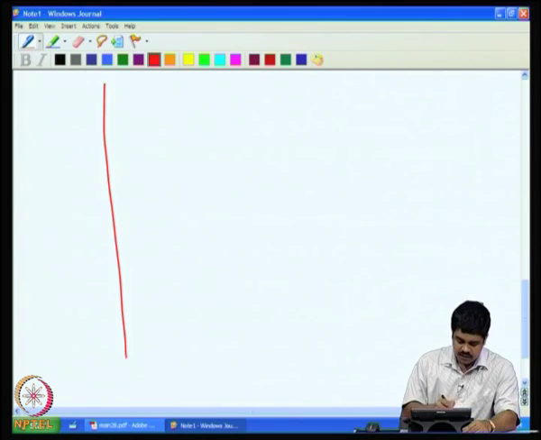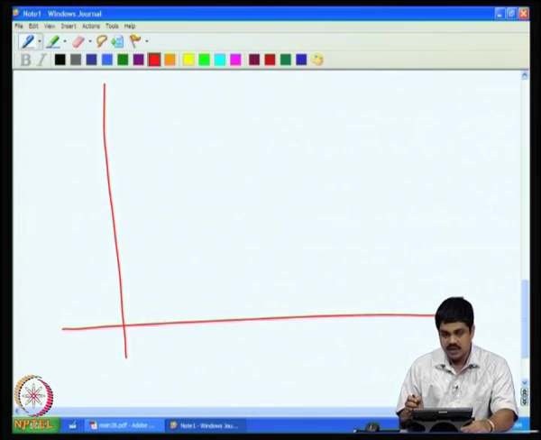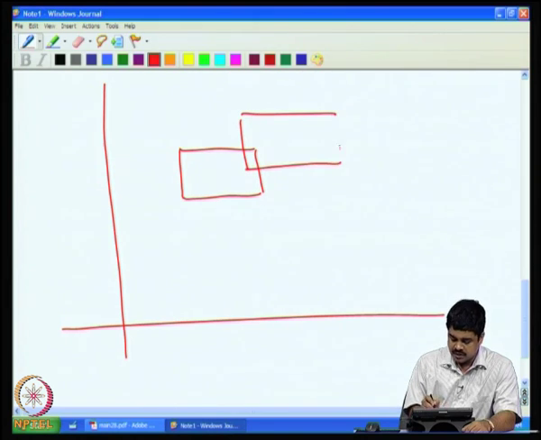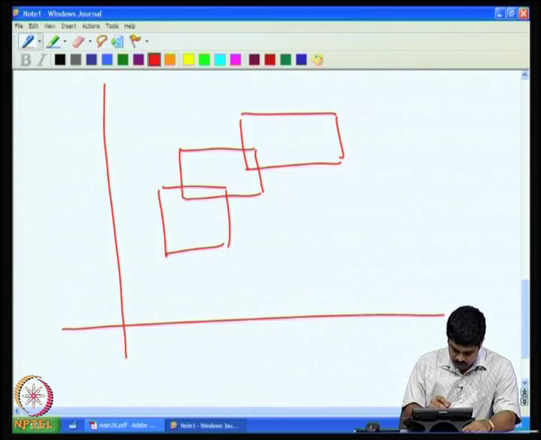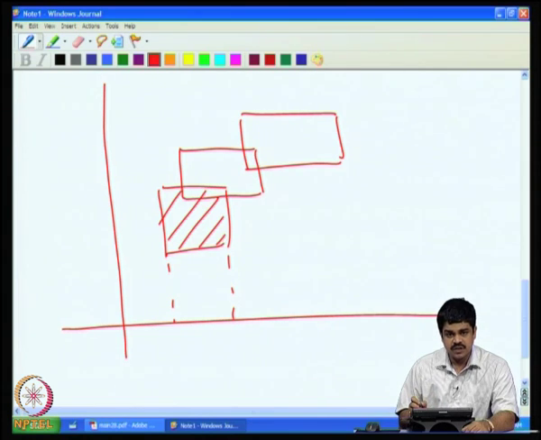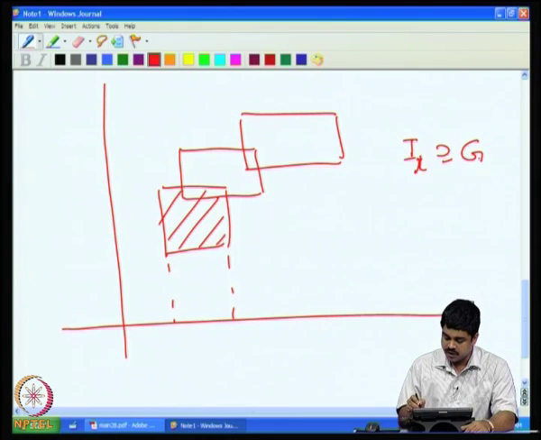We had shown that if somebody gives us a representation of a graph as the intersection graph of axis parallel rectangles, what we can do is project each rectangle to the x axis, and if you take the intersection graph of the intervals corresponding to these projections, we will get an interval supergraph of the given graph, Ix.